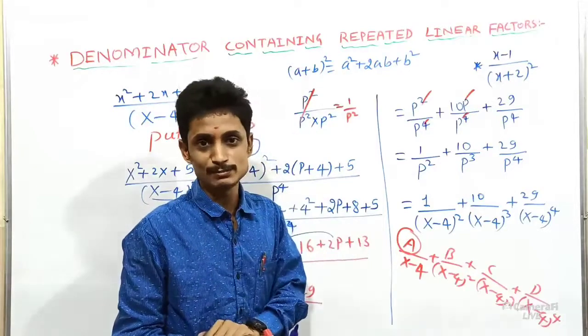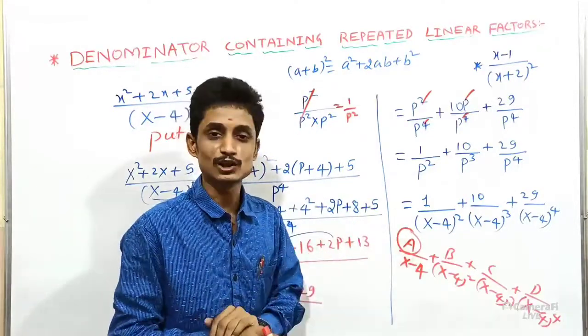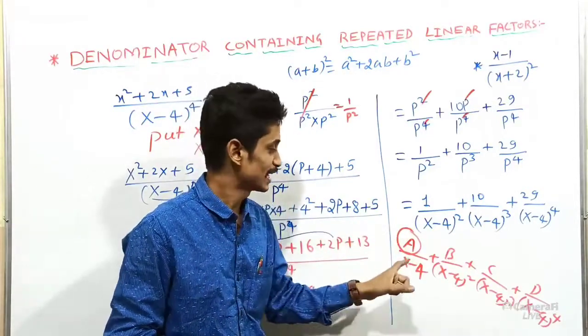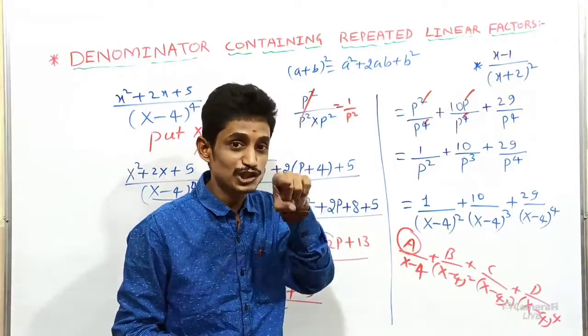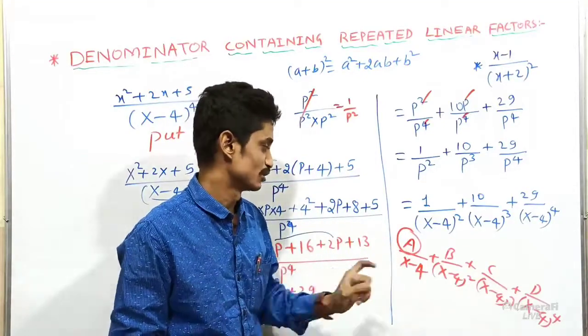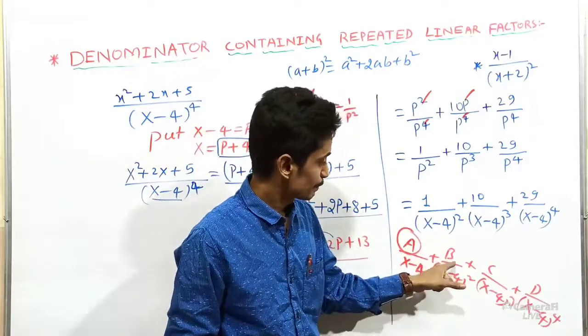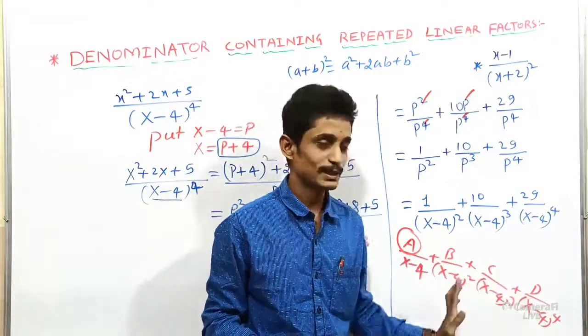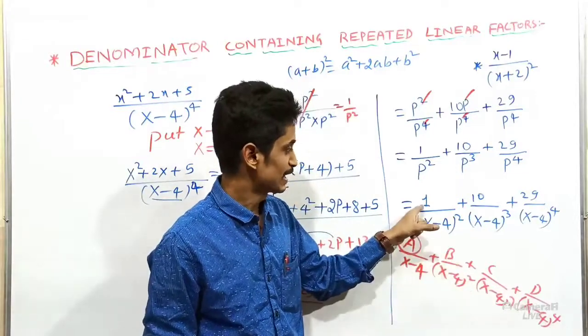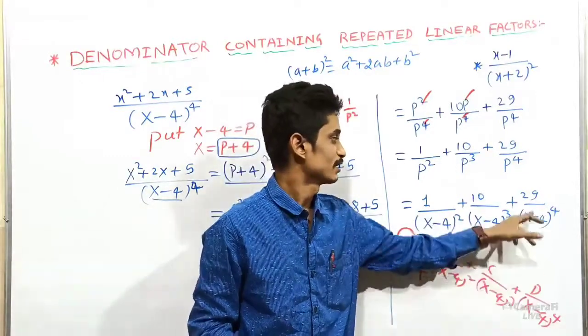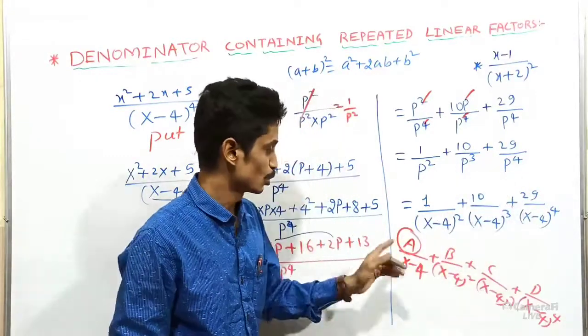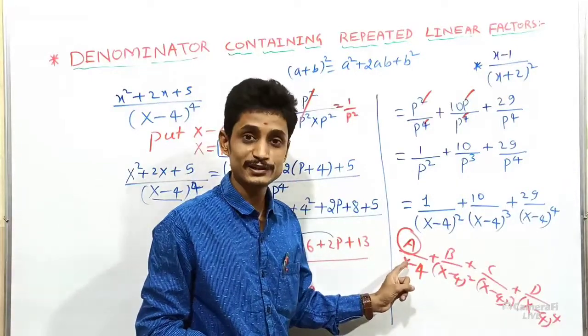When I apply method number 2, equating the coefficients, I will get the value of a is 0. You try, you will get the result, a will be 0. That's why I got my answer with b, c and d. B value is 1, c value is 10, d value is 29. Don't get any confusion here.